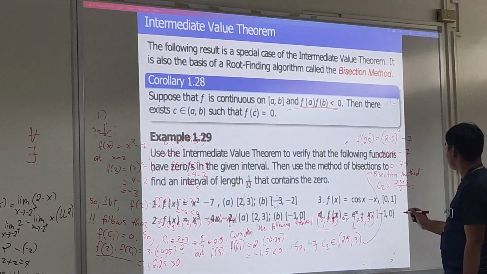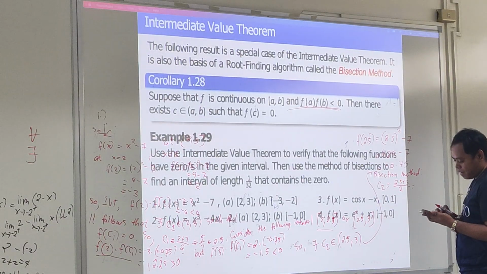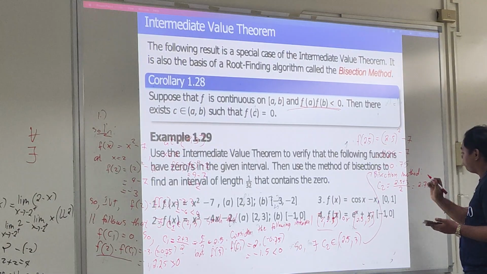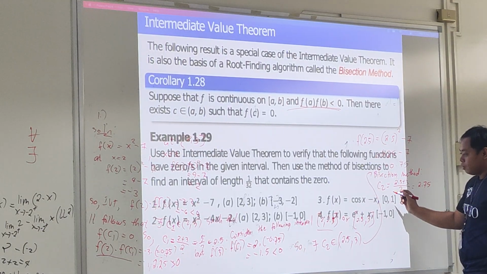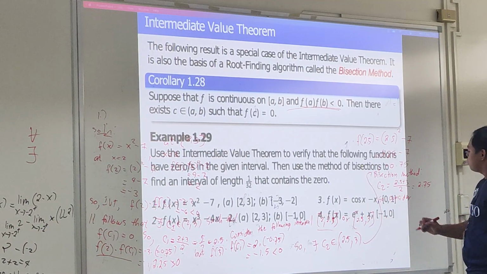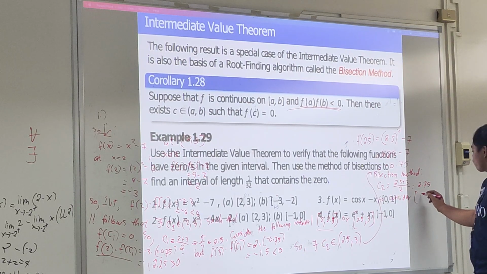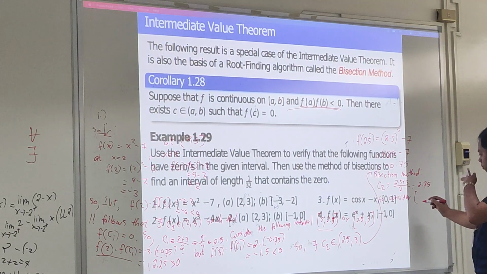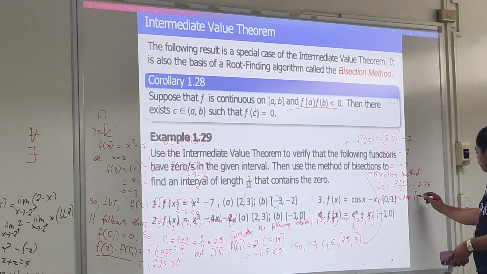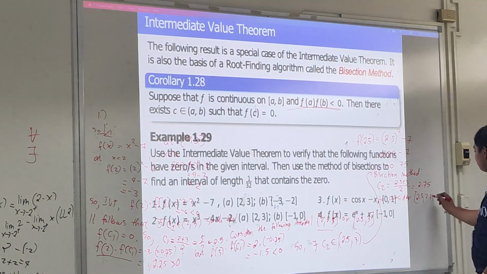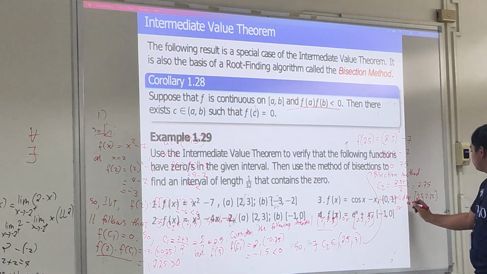This is 5.5 divided by 2, which is 2.75. So consider this closed interval, 2.5 to 2.75.